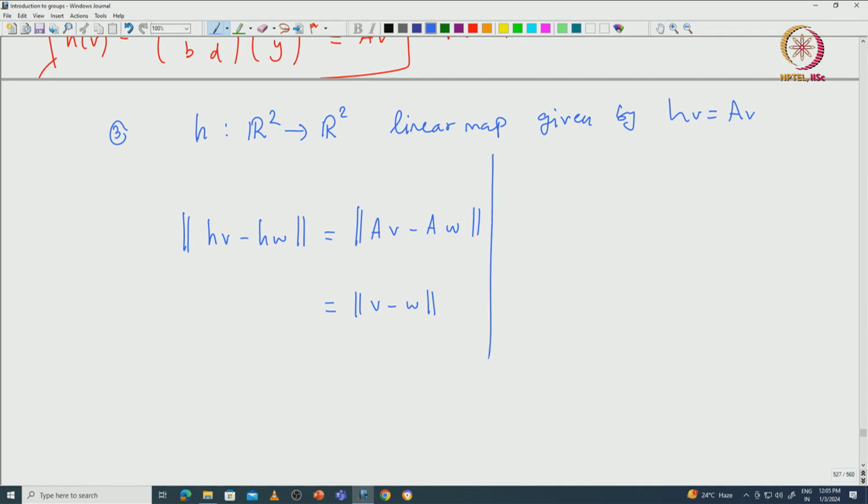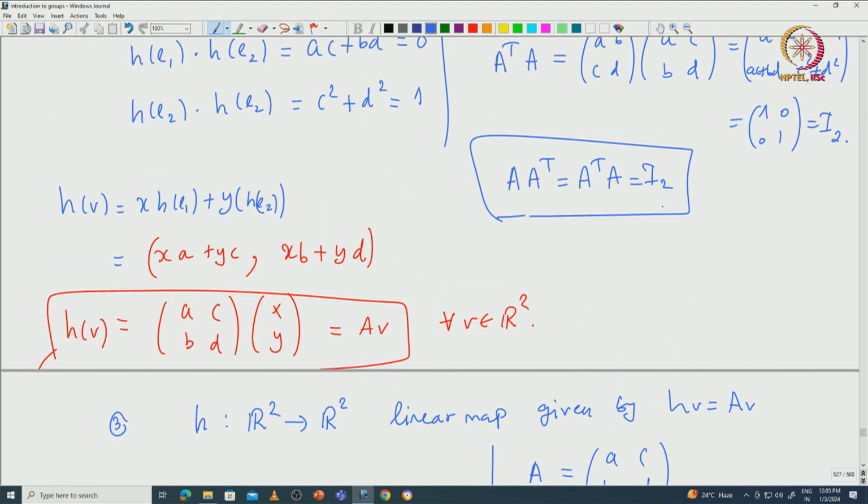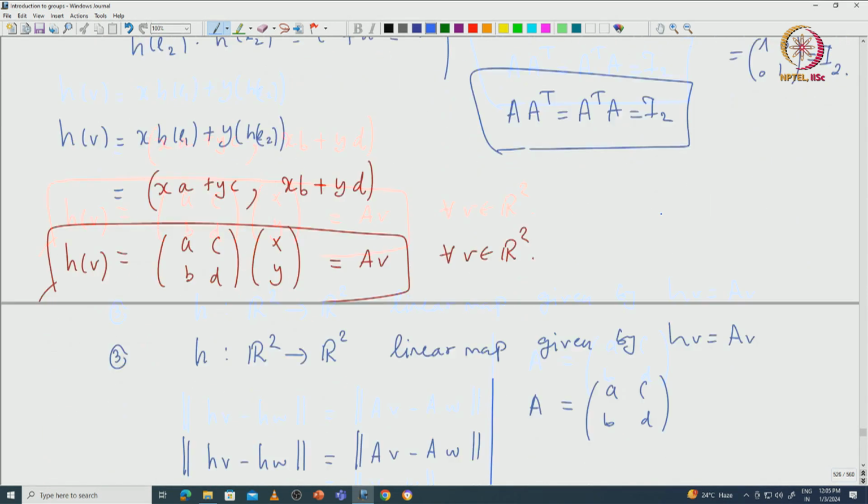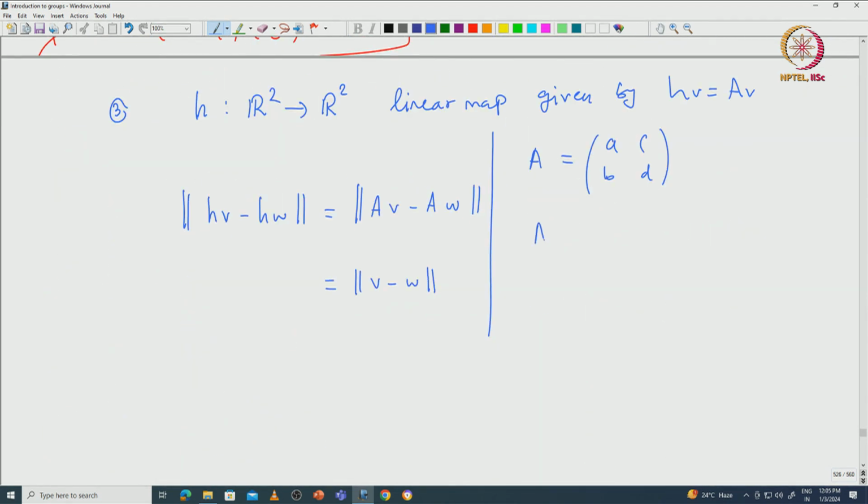Okay. So, if you want, let's just work it out very explicitly. A is given by A B C D. Now, what is given? That A transpose A is identity. So, that means A transpose A is nothing but A square plus B square, C square plus D square and then AC plus BD, AC plus BD.